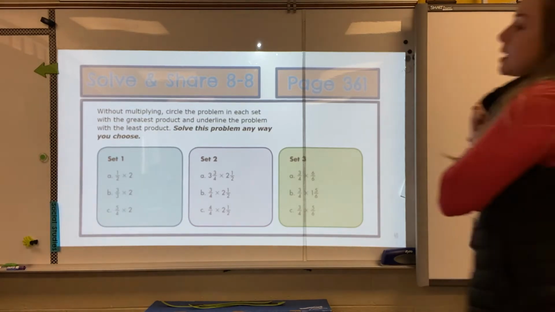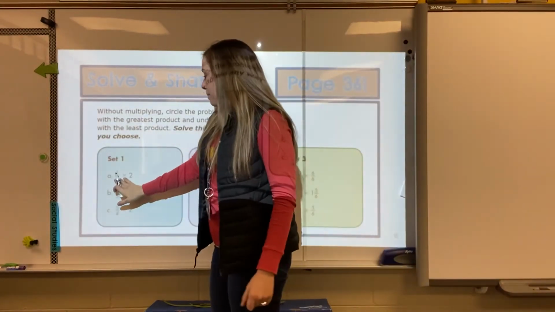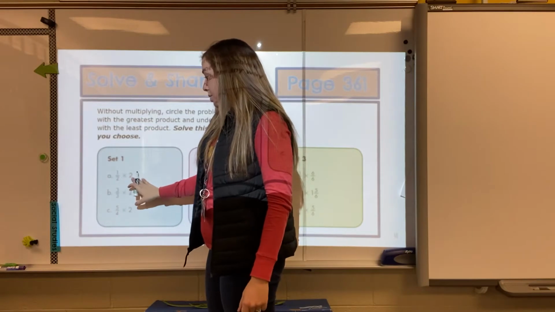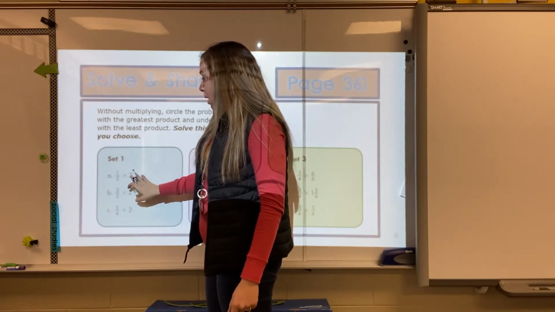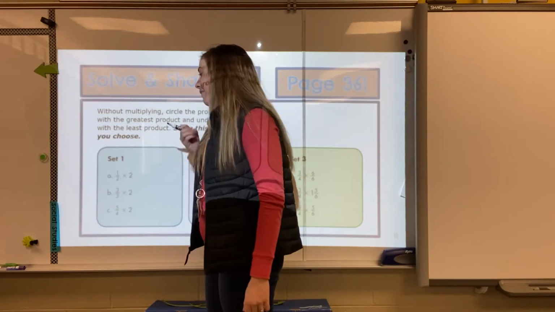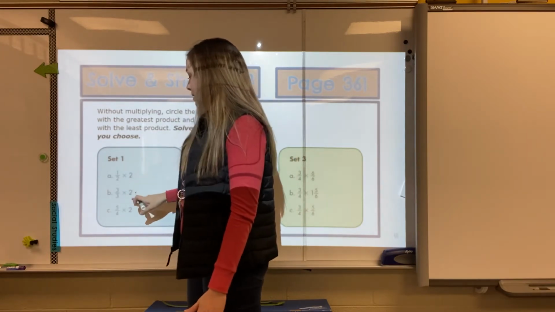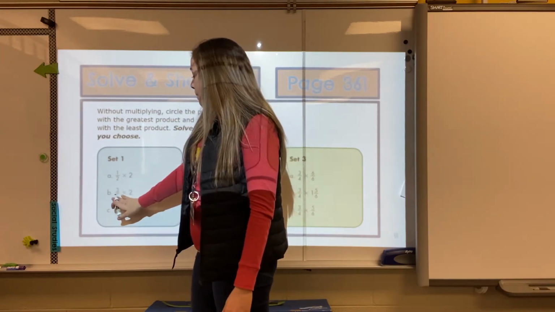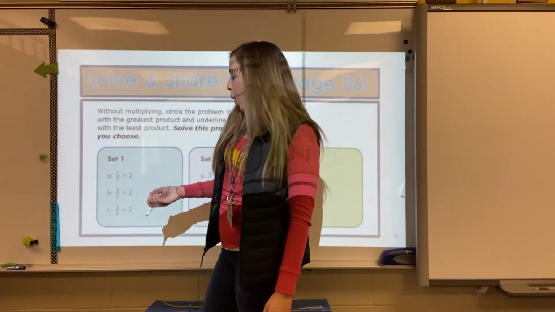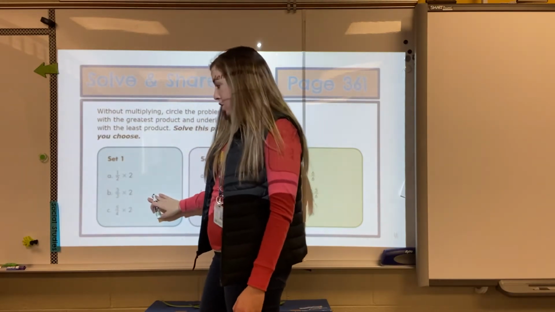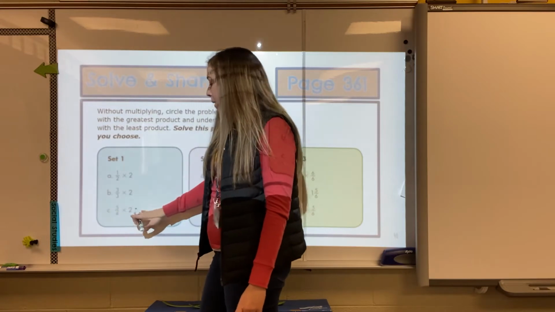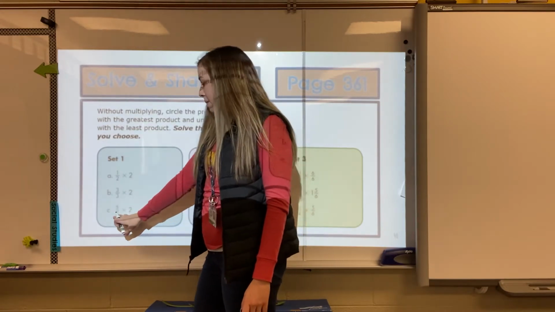Okay, let's go ahead and double check your work. Looking at set 1, I have a number less than 1 times 2. I know this is going to get smaller than 2 because I'm finding half of 2. I have 2 times 3 over 3. Well, I know that's worth 1 whole, so this is going to stay 2. And then this one here, I'm multiplying a number greater than 1 by a number greater than 1.